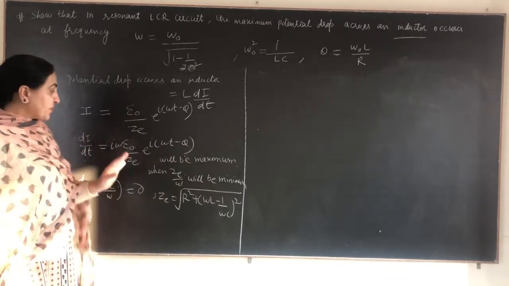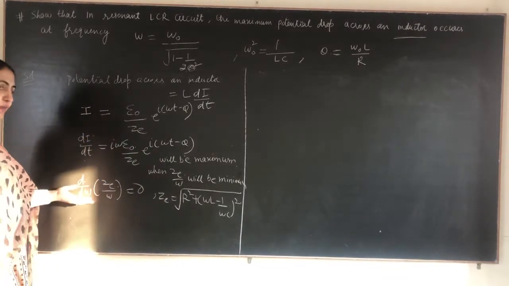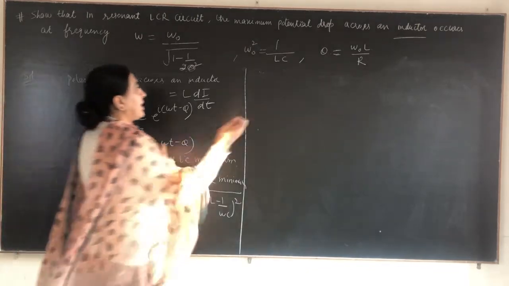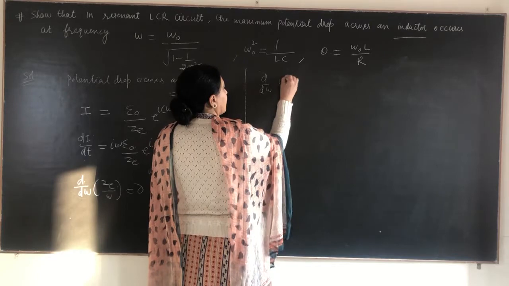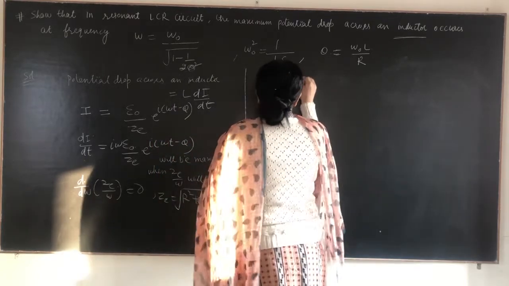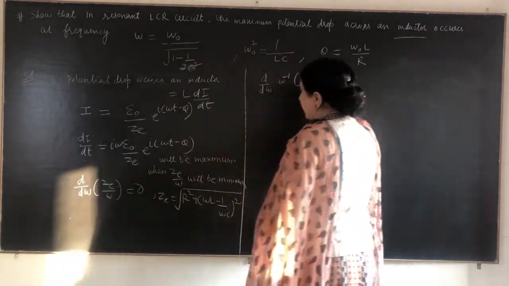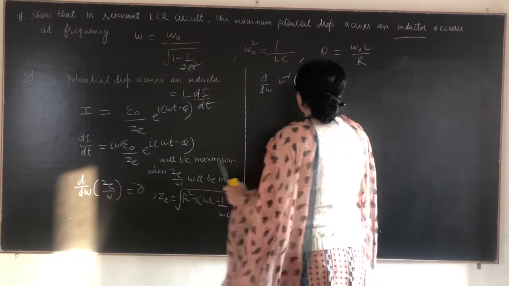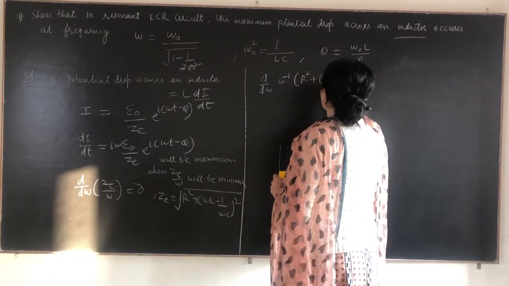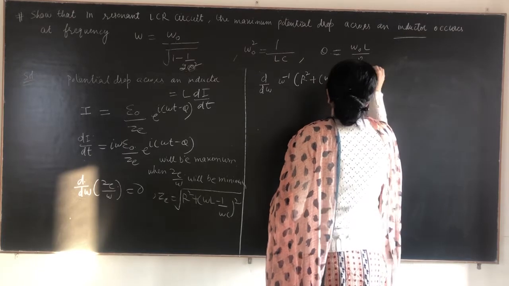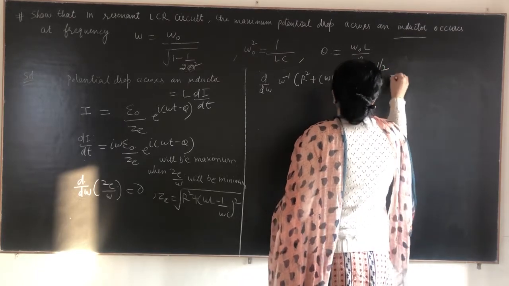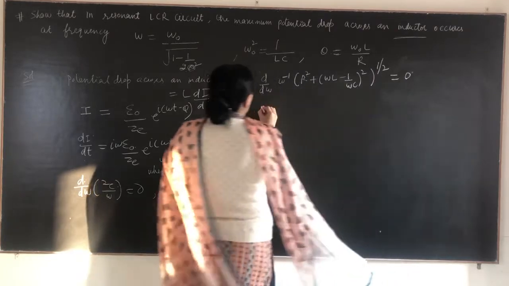Now we find the derivative of this term. So we take omega to the power minus 1 and put the value of electrical impedance: R squared plus (omega L minus 1 over omega C) squared, raised to power 1 by 2. This will be equal to 0.